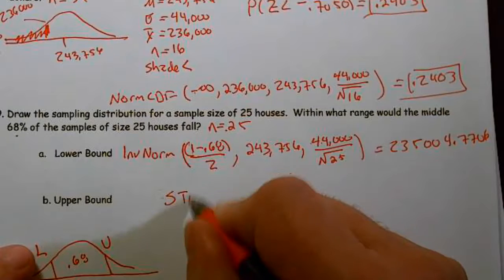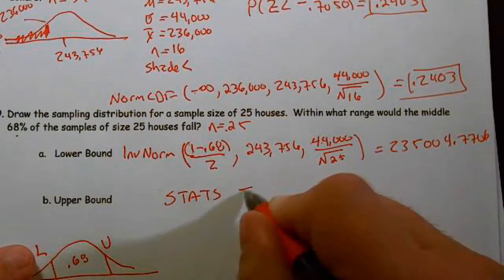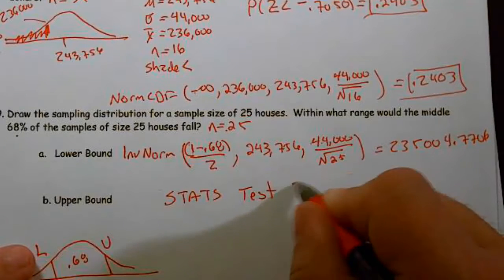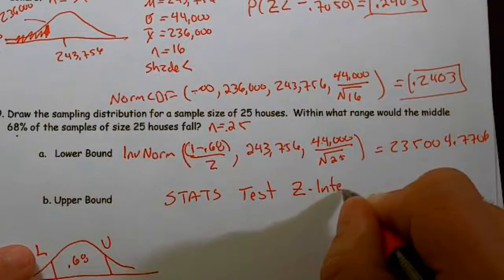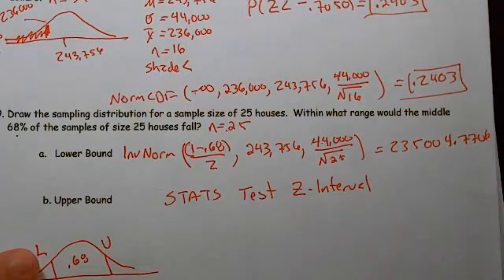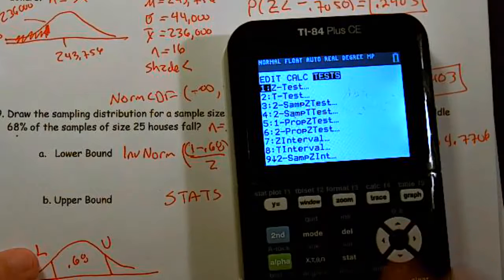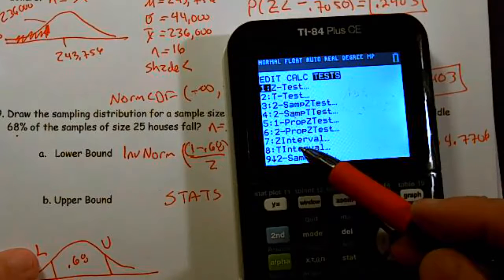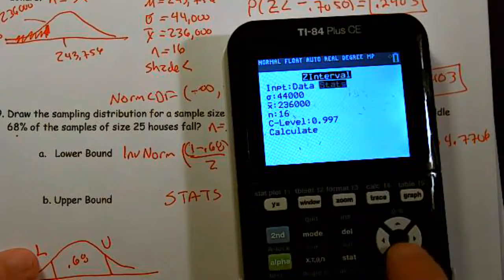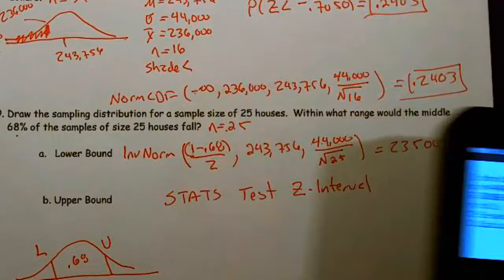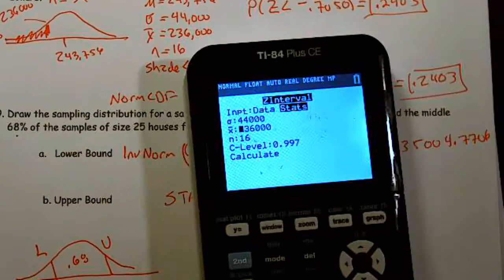All right. Stats, test, drop down to number 7, which is Z interval. Standard deviation, 44,000. X bar is, what's our mean? 243,756.